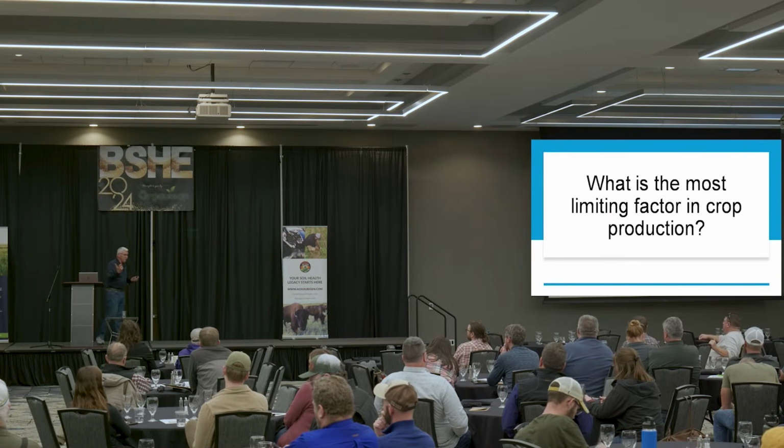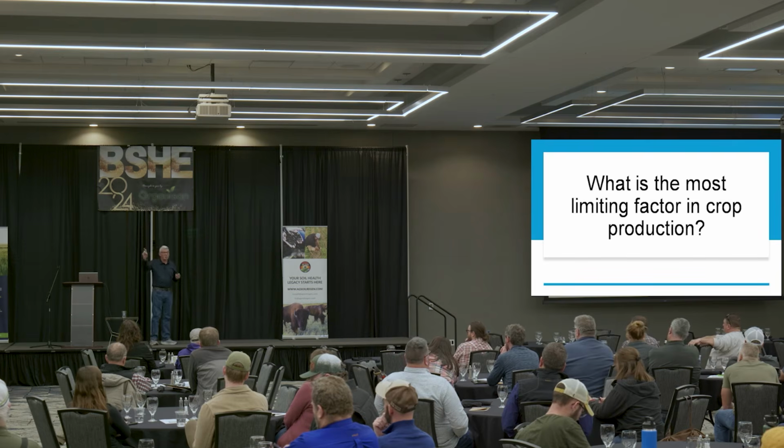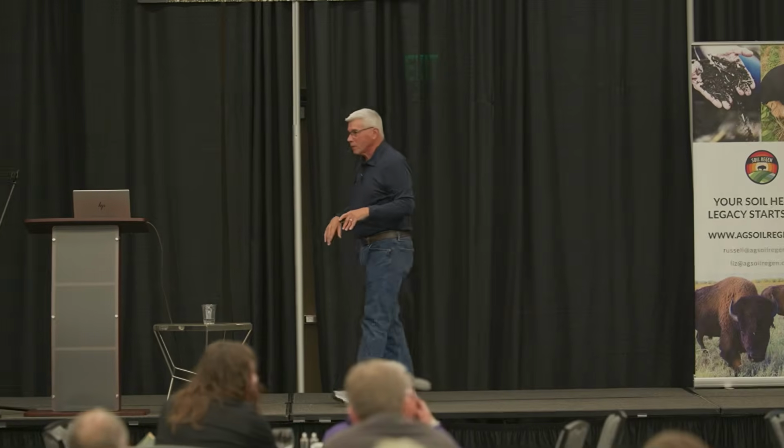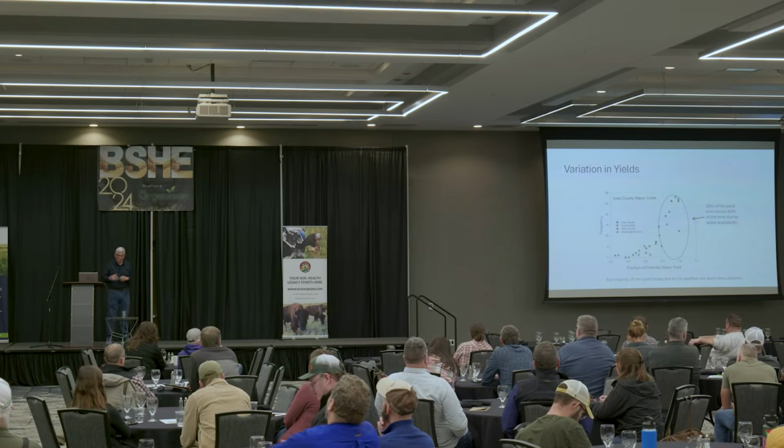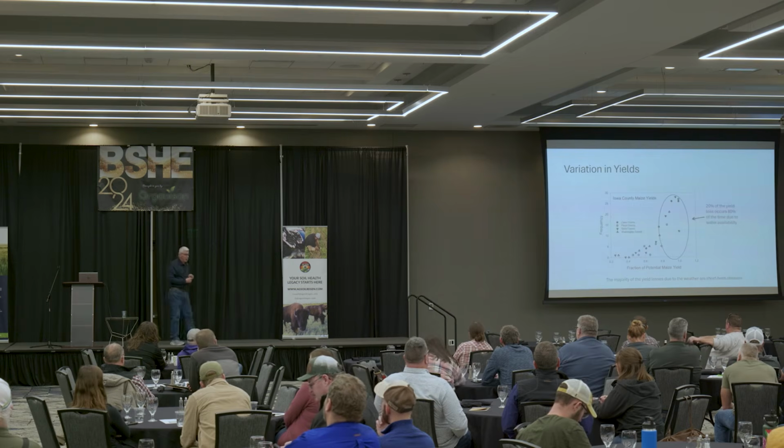What's the most limiting factor in crop production? Audience participation time. This isn't for my benefit. Water. I gave that away several slides ago. Water is the most limiting factor in all of this, and this is where we've done yield gap analysis. This is just a frequency distribution of yield loss over time, looking at 4 different Iowa counties.